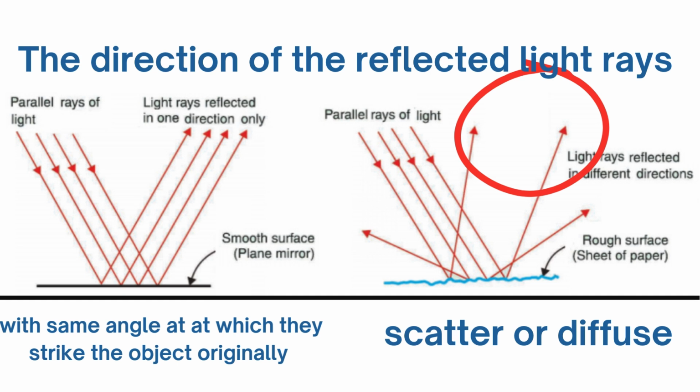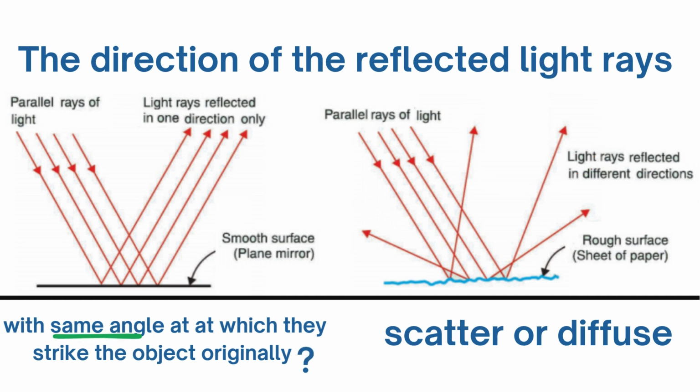We now have a very important piece of information: the light rays are reflected from the shiny, smooth materials in one direction with the same angle at which they strike. Strike means hit, okay, the object originally. And we will explain this point.